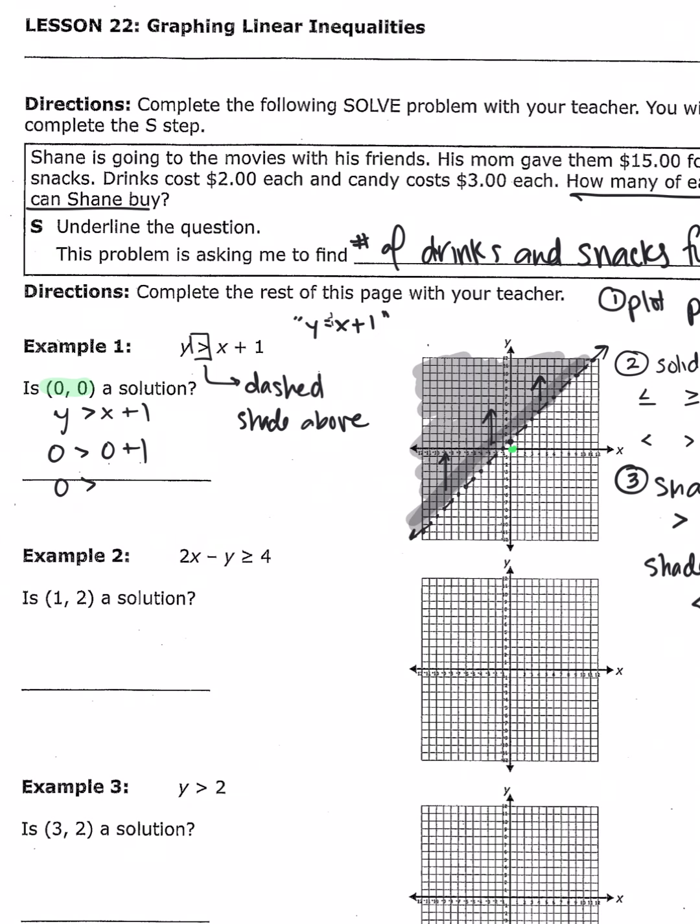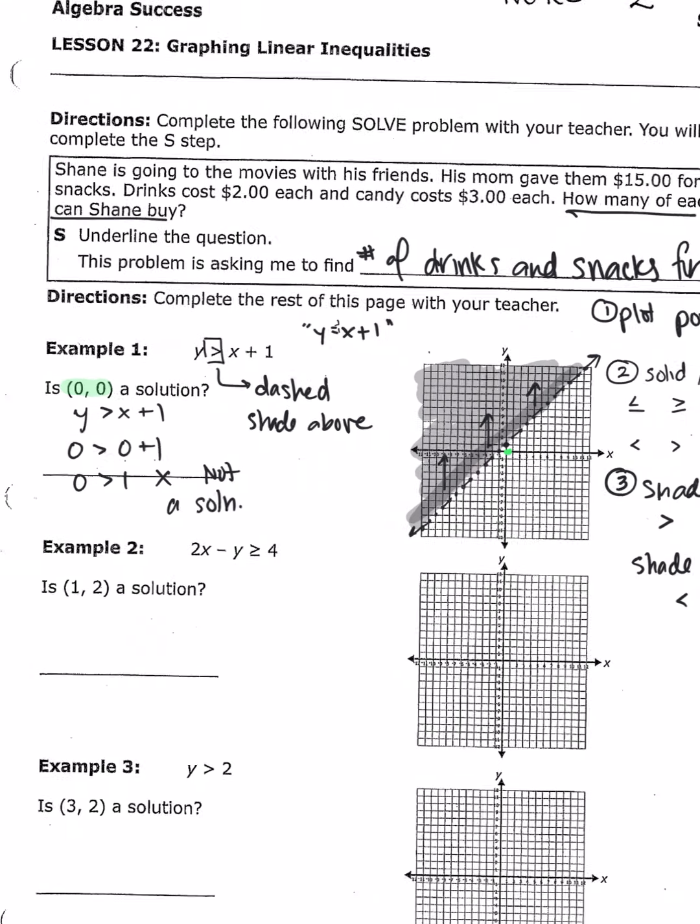So this says 0 is greater than 1. That's not true. This is not a solution. So because 0, 0 is not a solution, the part of the graph that has that 0, 0 point can't be colored in. So that just confirms what we already knew. We have to shade above this line, not the part of the graph that has 0, 0.